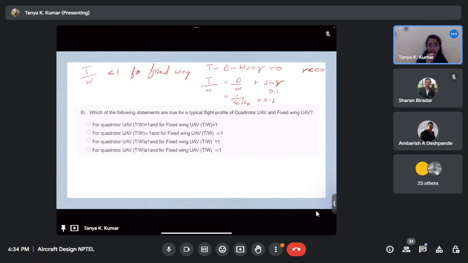So what would the thrust to weight ratio be? The quadrotor, if it is hovering, it will be 1. If it's climbing or moving forward, it will be greater than 1, right? So it's greater than or equal to 1. Yeah. So the answer would be D, correct.